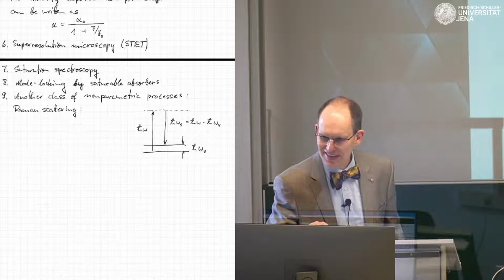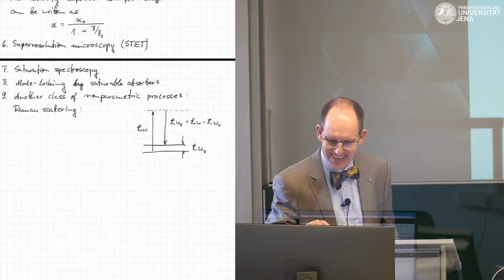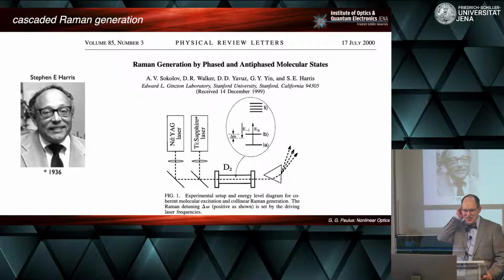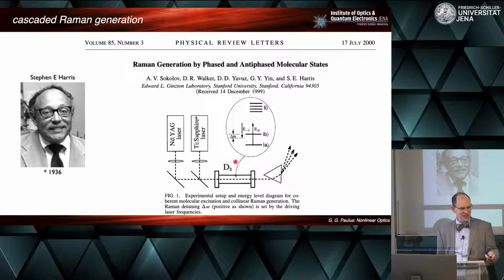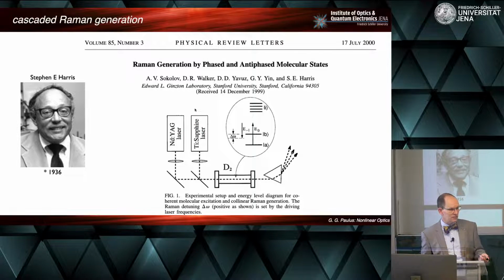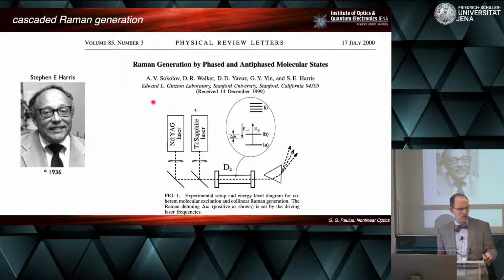I should show this here. Yeah. So I start once again. So the experimental scheme is the following. There is a deuterium cell, and deuterium is of course a molecule with a certain vibrational spacing. And then you use two lasers with frequencies such that the frequency difference corresponds to this vibrational level.